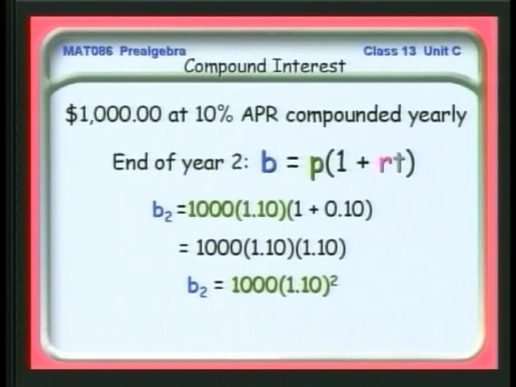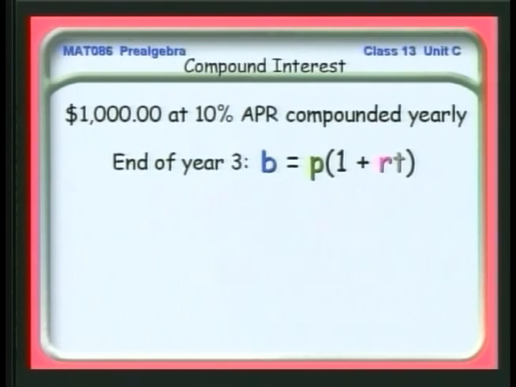But then what? The balance for the end of the second year becomes the principal for the third year. Here's year 3. There's what I have, the 1,000 times the 1.1 squared is the principal for the end of the second year. To find the end of the third year, I multiply it by the quantity 1 plus the rate, which is 0.10, 10%, times the time, 1 year.